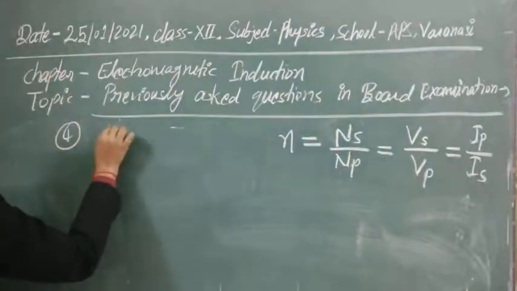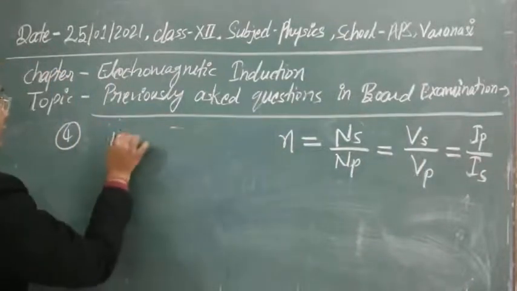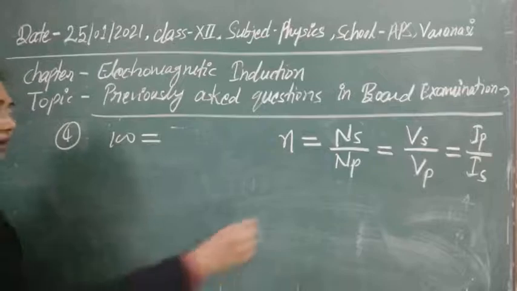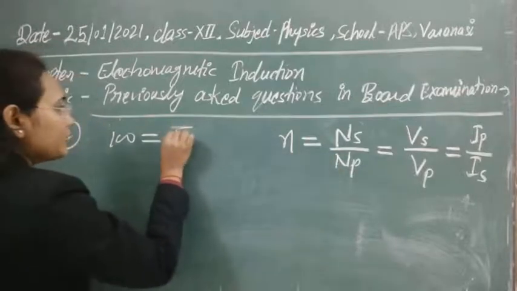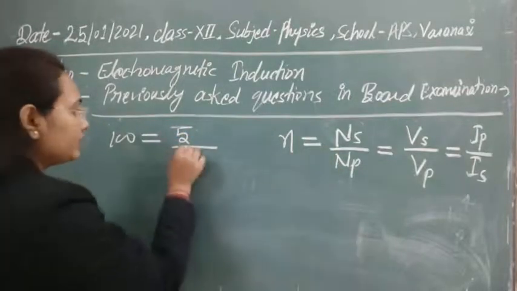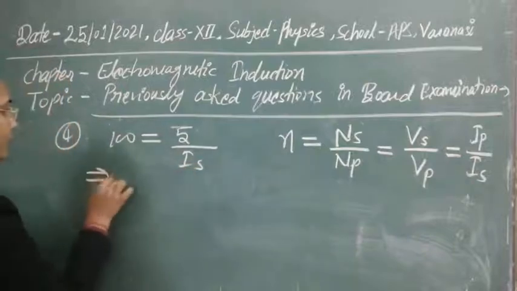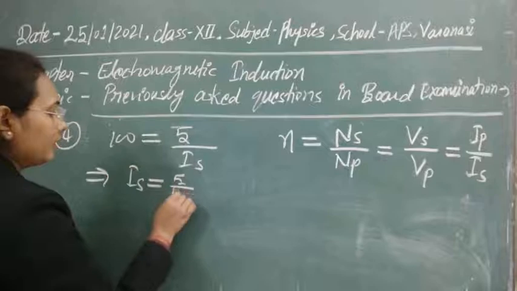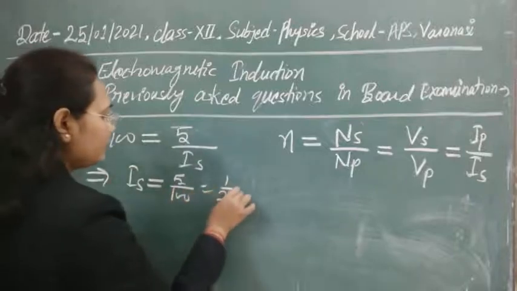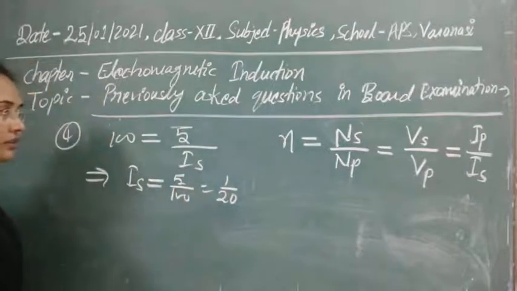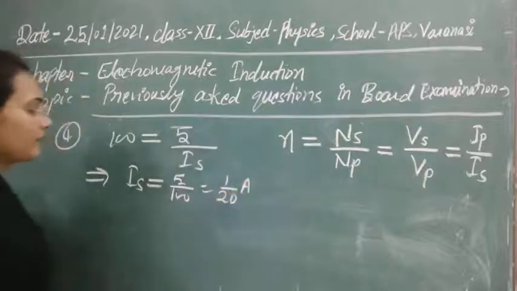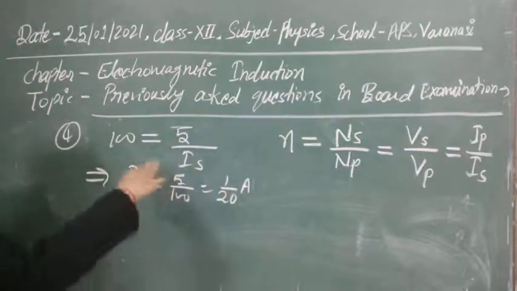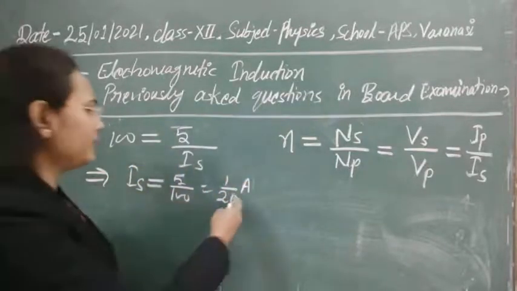For the current in secondary, we have the transformation ratio, that is 100, and the current in primary we just calculated, that is 5 ampere. Then we can calculate the current in secondary, that is 5 by 100, or you can write 1 upon 20 ampere. Clear? So this is the current in secondary. You can solve it by yourself.